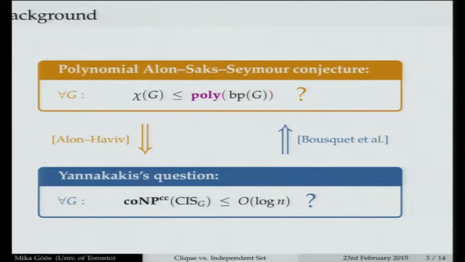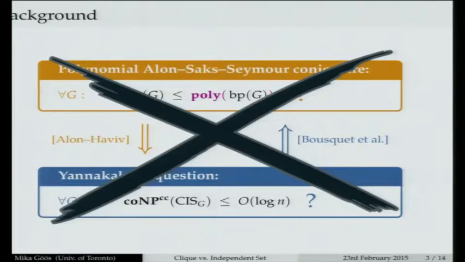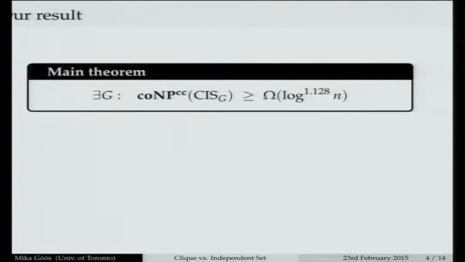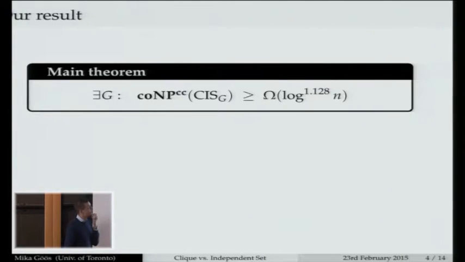Now, the punchline in this current work is that both of these questions or conjectures are false. This is not that surprising maybe because people were conjecturing that this happens anyways nowadays. But anyways, the main theorem in this work is just that there do exist graphs where the conondeterministic complexity for the clique-independent set problem is asymptotically larger than log n.